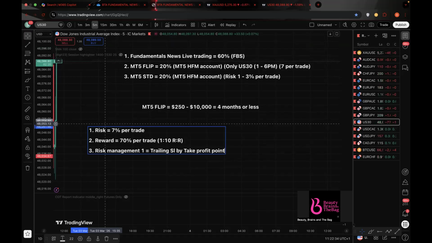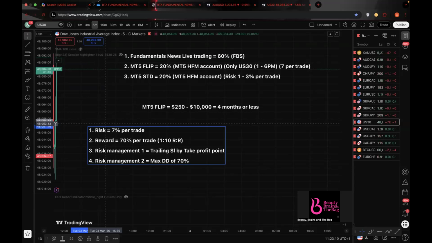Are you with me? Trailing SL by take profit points. So as for setting TP, we're not putting actual TPs. We're just marking out points. As the market is moving, we are following the market, bumper to bumper. Then risk management two is equal to max DD of 70%.